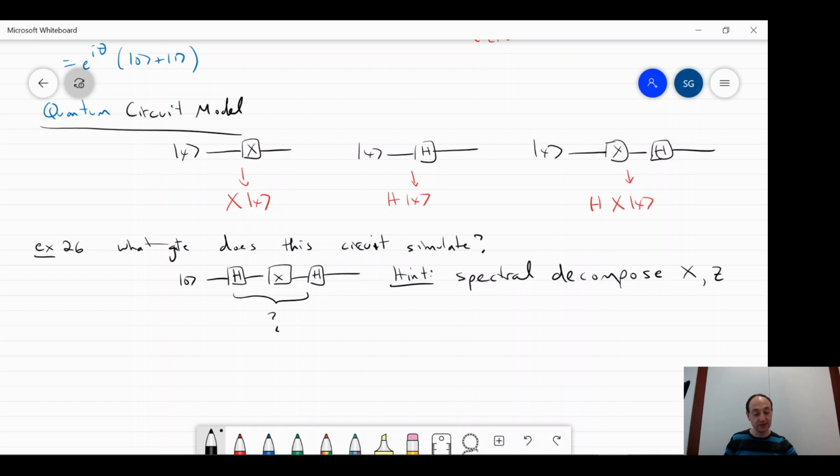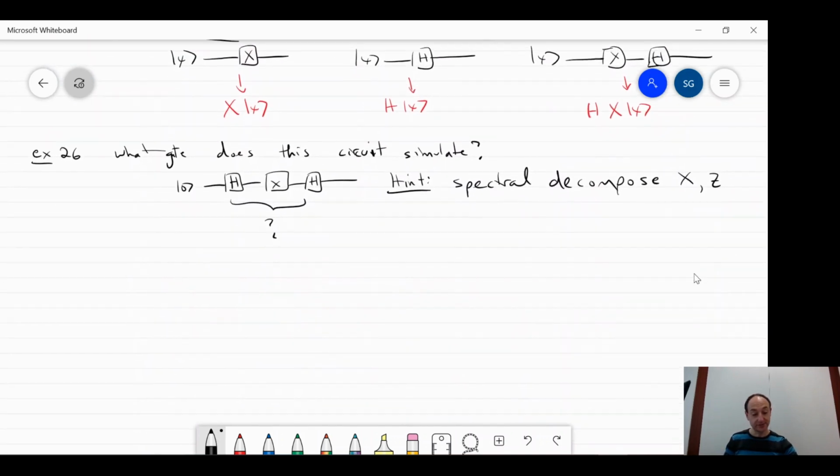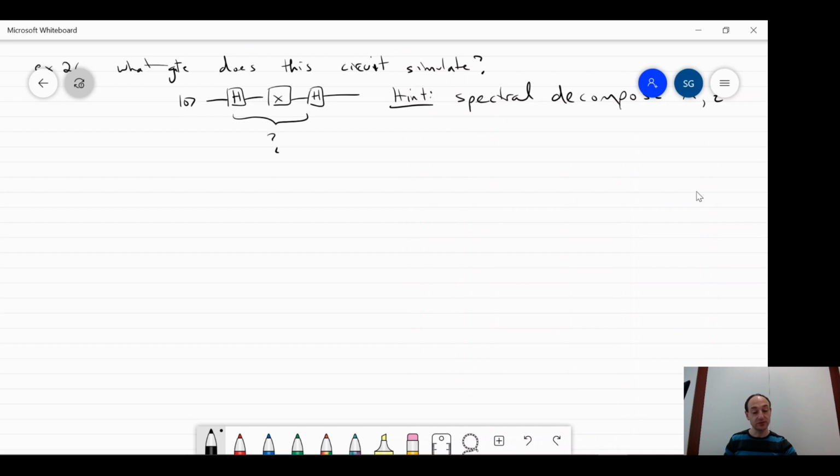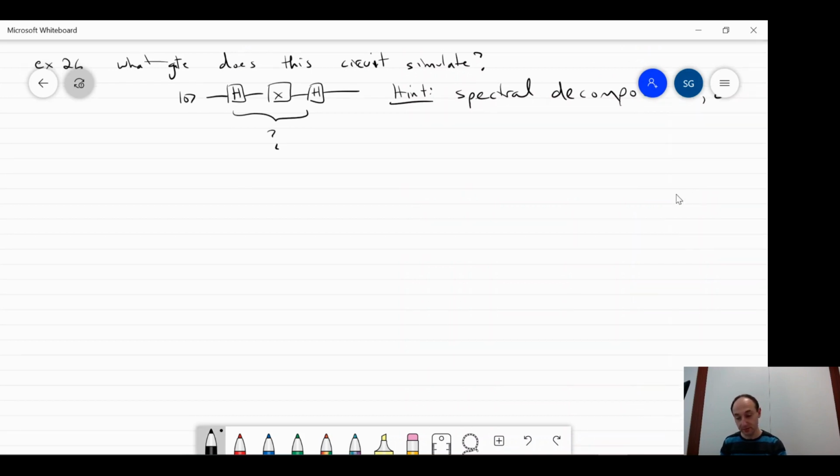Okay, so that's what I want to say about gates. That's what you're allowed to do on a single quantum system. And now, of course, you might get bored playing with just a single quantum system, so now we want to talk about multiple or composite quantum systems.